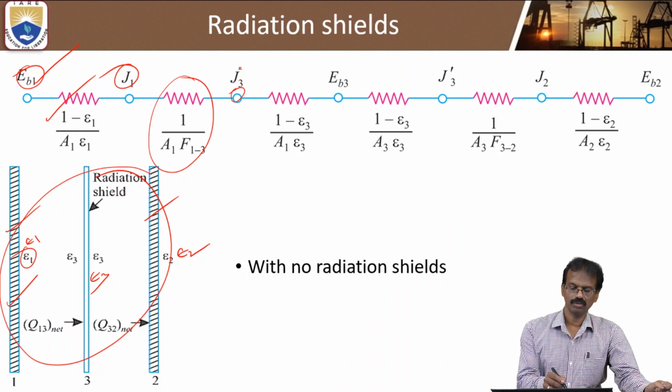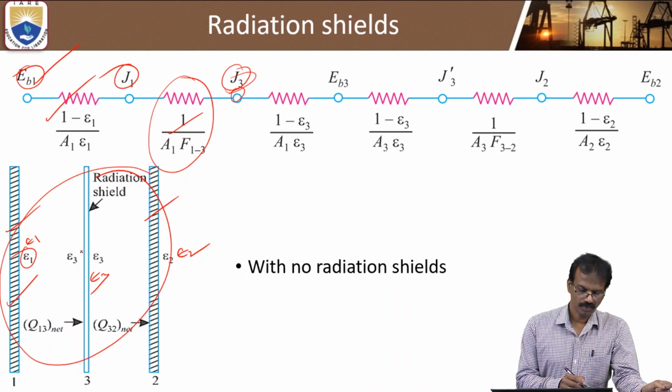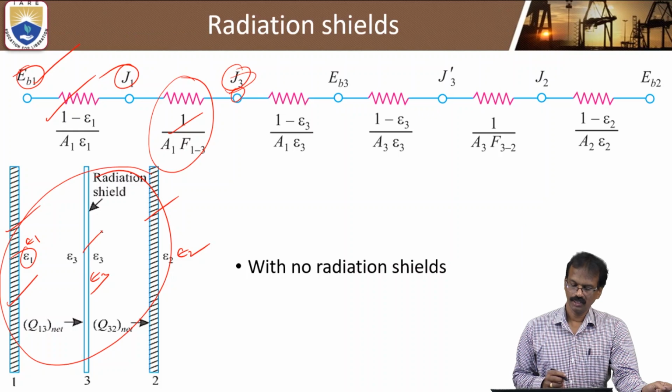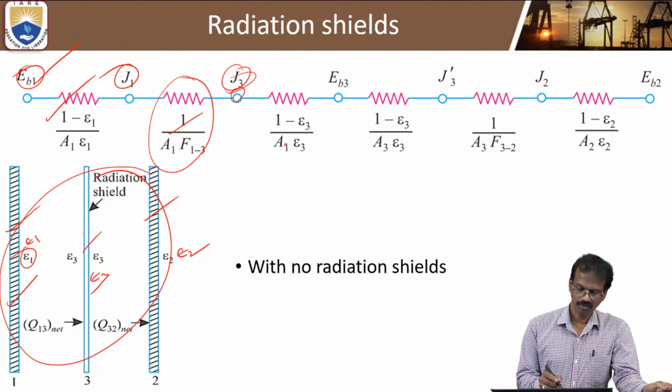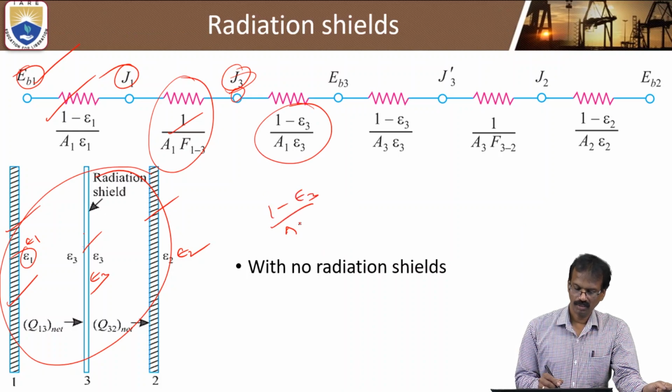Because of this resistance we will get the radiosity of the shield. The shield also has a surface resistance, that is (1 minus epsilon 3) by A3 epsilon 3.